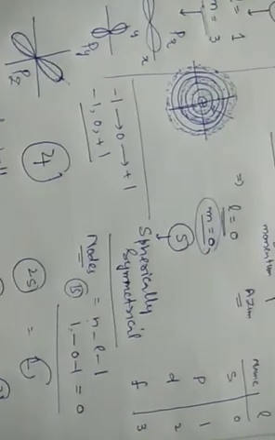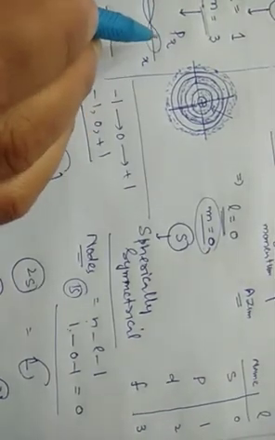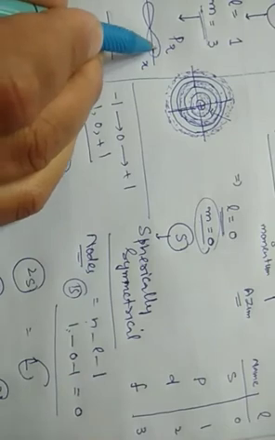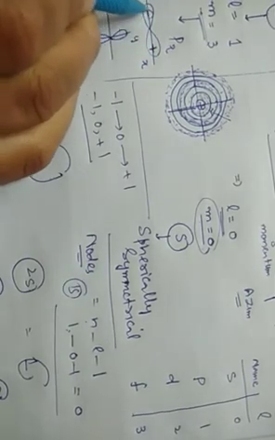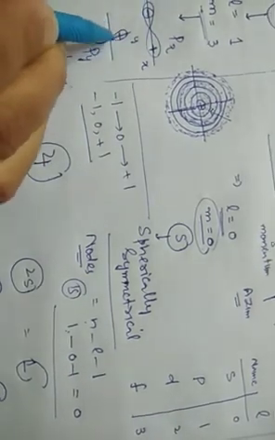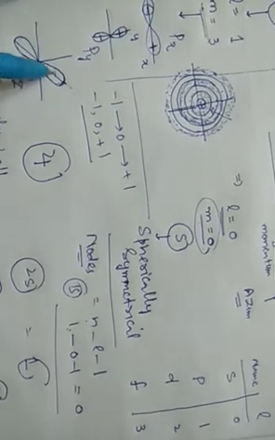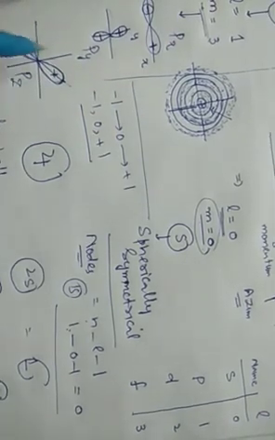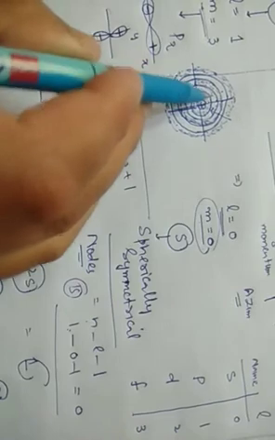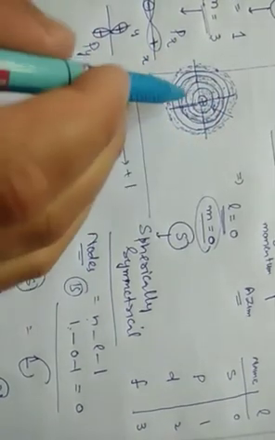And then अगर आप देखोगे, then one more concept is that we sometimes give a plus sign to this lobe and a minus sign to this. Likewise plus sign, minus sign, then plus sign, and minus sign. Whereas in case of s orbital, we will only give a plus sign, or we don't give a sign.